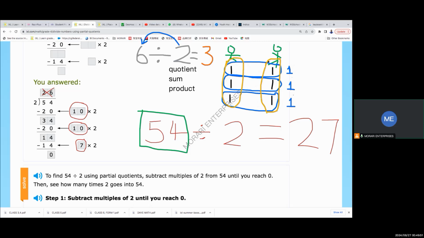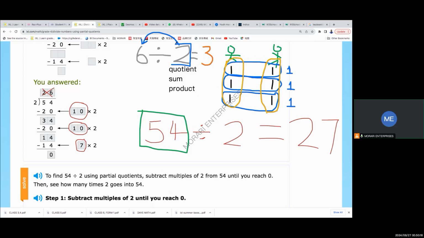Now you take 6 items, you share to 2 pupils, and you see what each of them get. Now we look at these orange one here. We see each of them gets 3. So your answer is 3. Or since we are sharing, we look at this one here, the divisor.